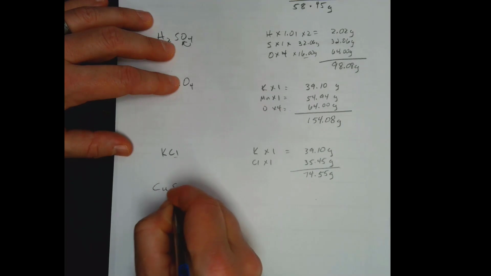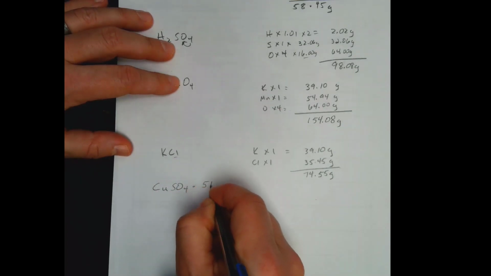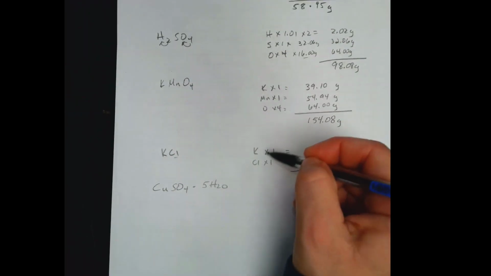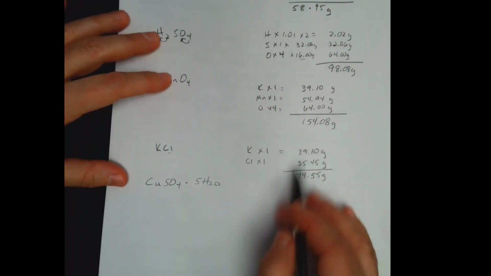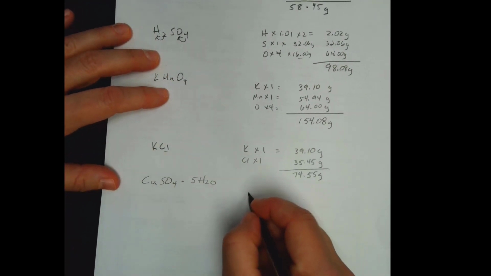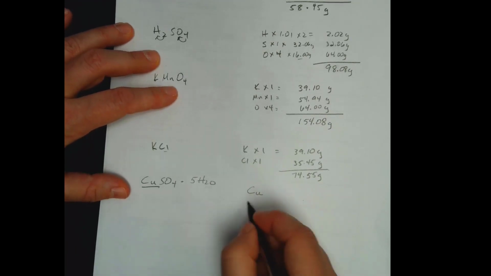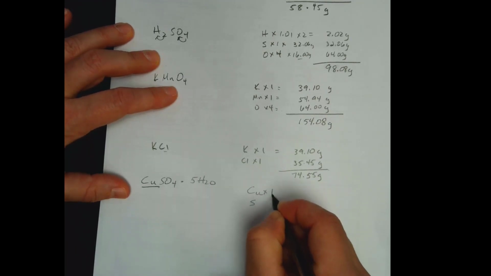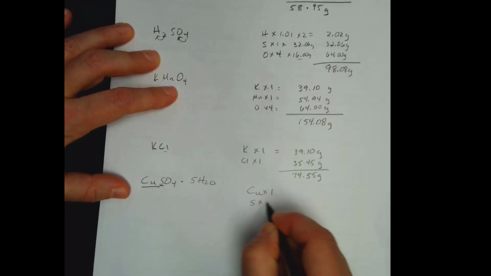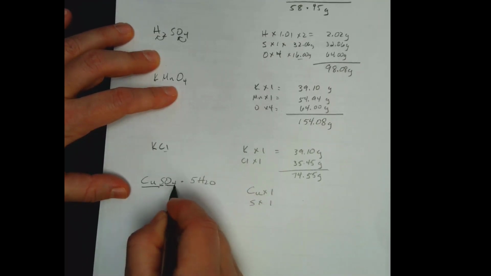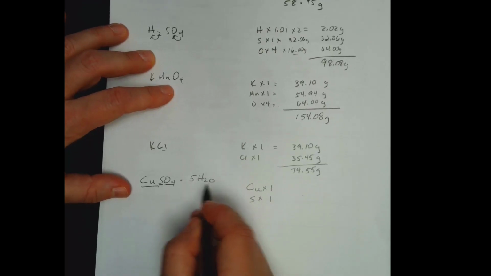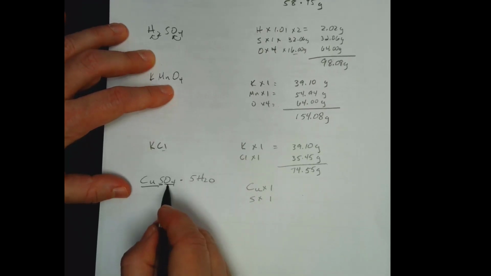Let's do that. So as far as this again, I have CuSO4 times 5 H2O. So like we've done before, we've basically just been stacking what's in our compounds and then calculating the masses as a result of that. So let's do that right now. So we know we have a copper, so let's go ahead and put our copper here. We have a sulfur. How many coppers do we have? We have 1 copper. We have 1 sulfur. We have 4 oxygens. Now let's do this because we've got oxygen here and we have oxygen here.